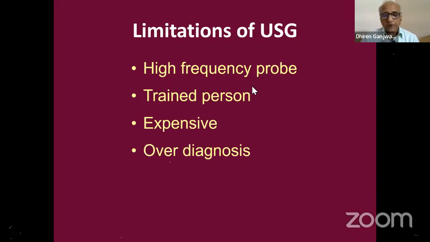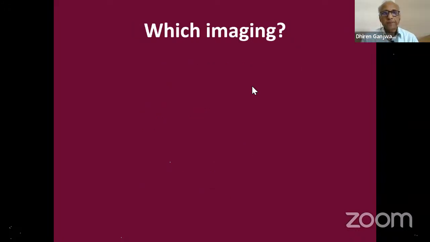And let's forget about the last 2 points, that it leads to overdiagnosis and sometimes overtreatment. Let's not consider this point, because that's part and parcel of wanting to prevent DDH at any cost. That's the price we have to pay. Coming to a simple message, which imaging technique?